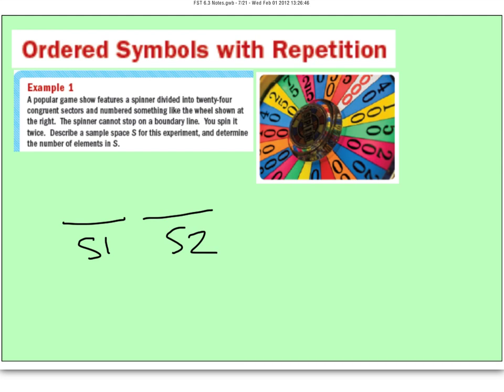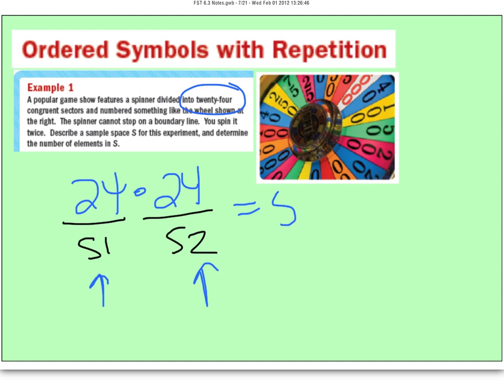So the first time you spin the wheel, we're going to have 24 different choices, which goes here. Now the second time we spin the wheel, how many choices are there going to be? Can you replace or no replacement? Clearly the wheel still has 24 segments and you can land on all 24. So it's going to be 24 again.